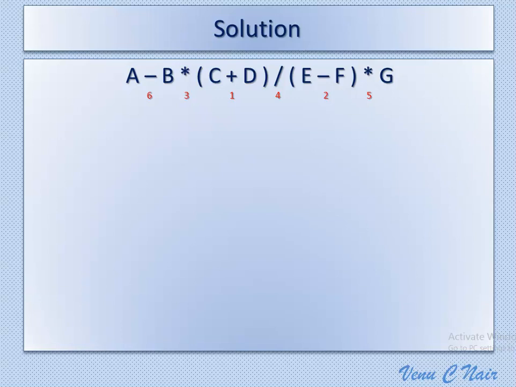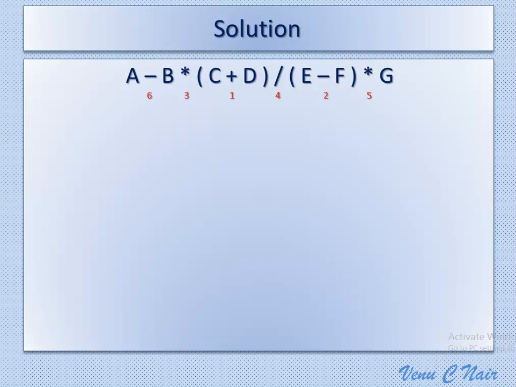Then multiplication and division have equal priority. Whichever comes in front towards the left will have the higher priority. So is the case with plus and minus. So in this expression we have brackets, into and divided by, plus and minus. 3 kinds of precedences are available in the operation.